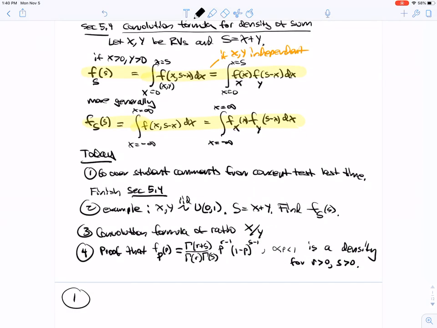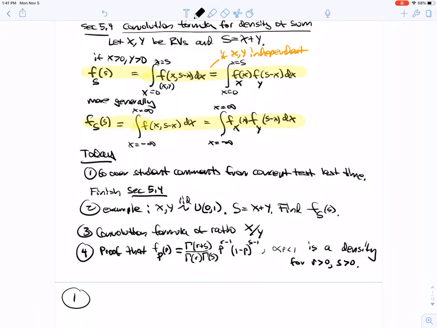So today we're going to go over student comments from the concept test from last time. Then we're going to finish 5.4. Next time we'll be starting our last chapter, chapter 6. We'll also show an example from the book where X, Y are IID standard uniform, and S is the sum of X and Y, and we'll find the density for S. It's called the triangular density.